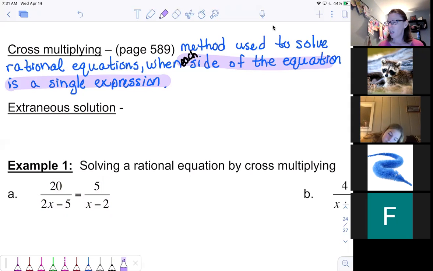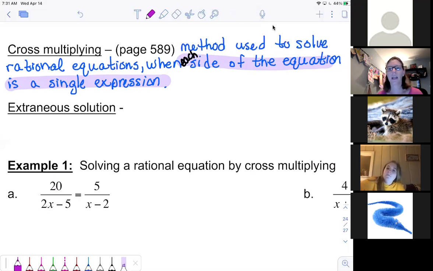The second vocab term we have here is extraneous solution, and we've been using this one a good bit. Does anybody remember what an extraneous solution is? So we did extraneous solutions with logs. We did extraneous solutions with radical equations in chapter 6. We did extraneous solutions with some quadratics in chapter 4. Ava, what's an extraneous solution?